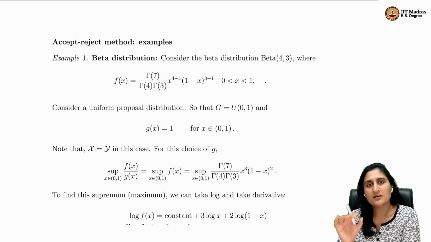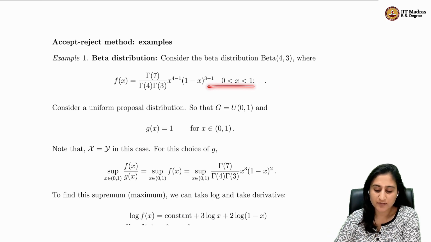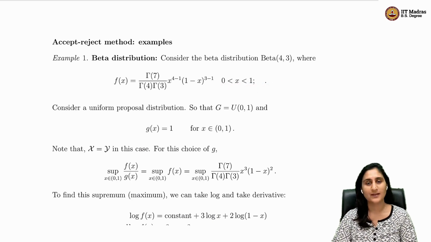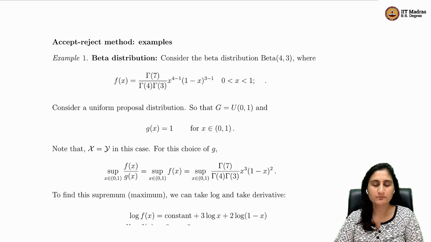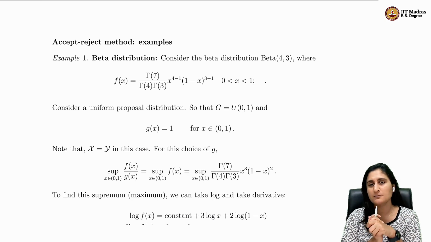It's always going to be critical in the accept-reject algorithm that we look at the support of our distribution. And the support of our distribution in this case is (0, 1), x in between 0 and 1. So that means if I want to choose a proposal distribution for this beta situation, then I need to choose a proposal distribution that has support exactly (0, 1) or larger.